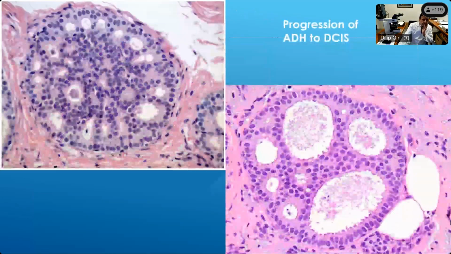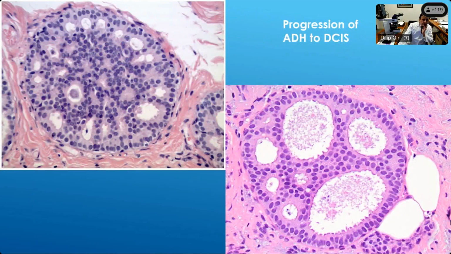So here, for example, this is now our cribriform. Now, DCIS as such, by definition, cytologically is not very different from ADH. So that's, I think, important to remember that the way we distinguish low-grade DCIS from atypical ductal hyperplasia is more by quantitation.